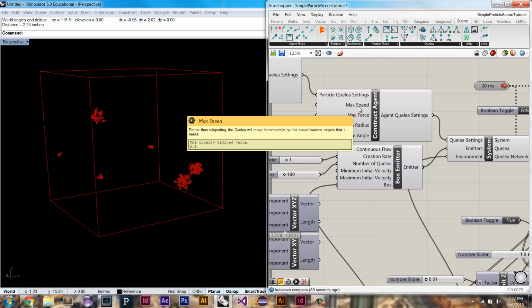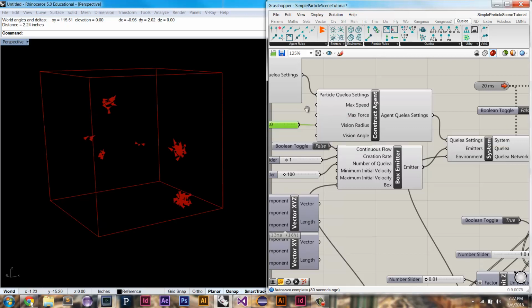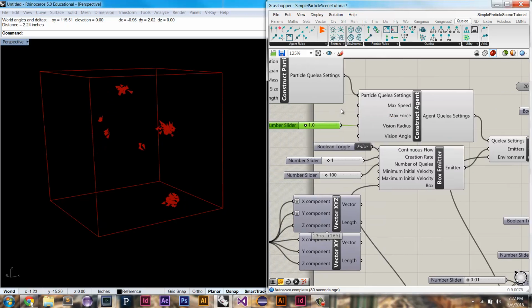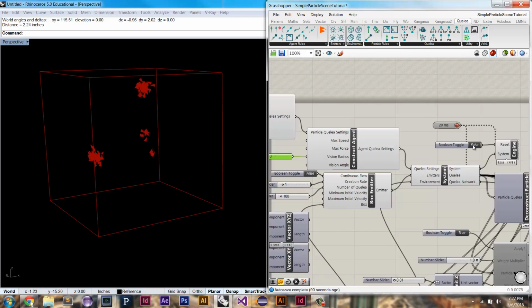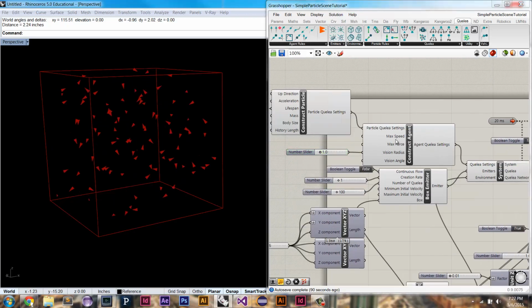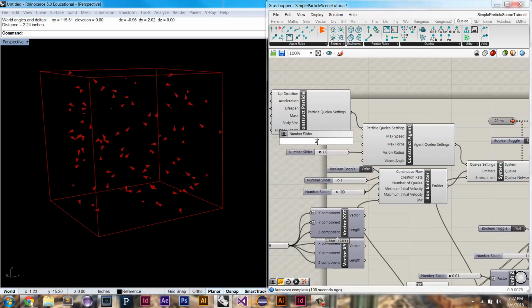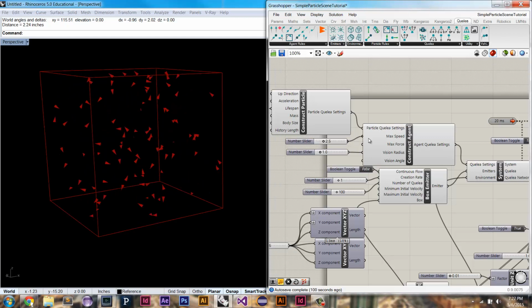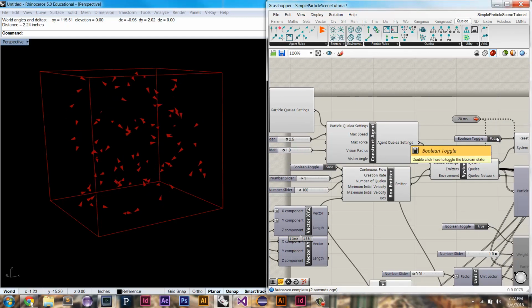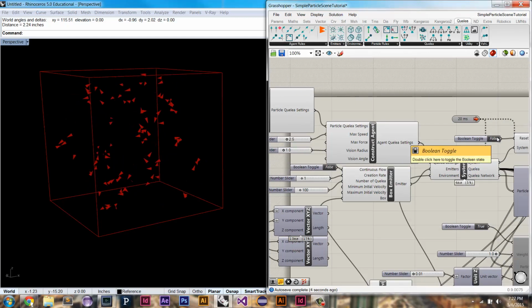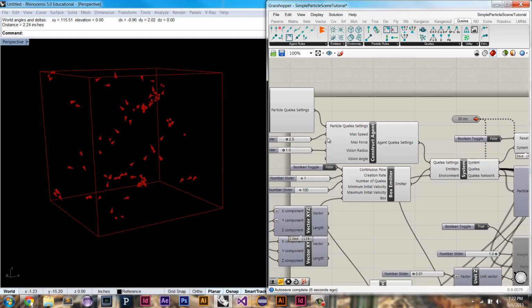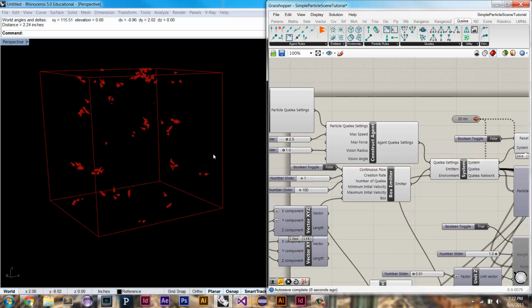The first one is the maximum speed. The maximum speed is essentially how far it is allowed to move in a single time step. So if this was extremely high, you might see them... let's see, what's it at? Is that 0.5? Let's do something really high, 0.25. You'll see that they travel extremely fast.